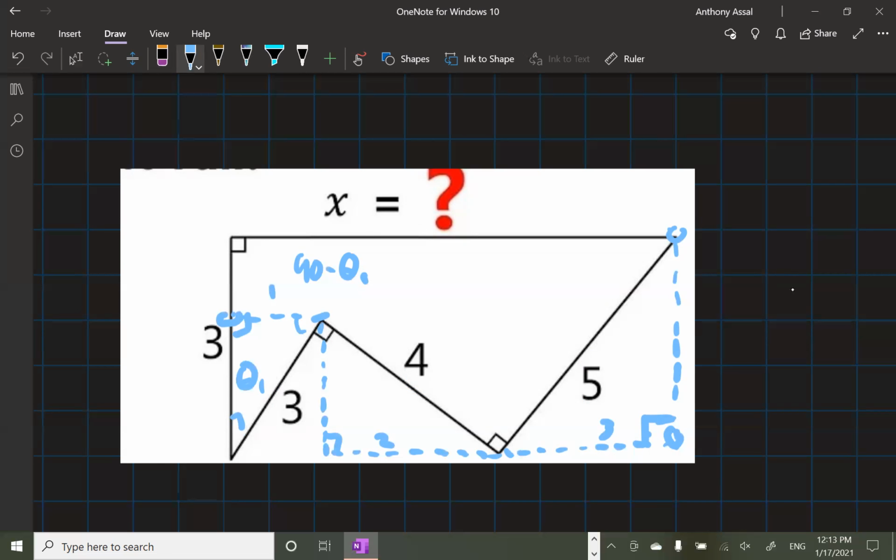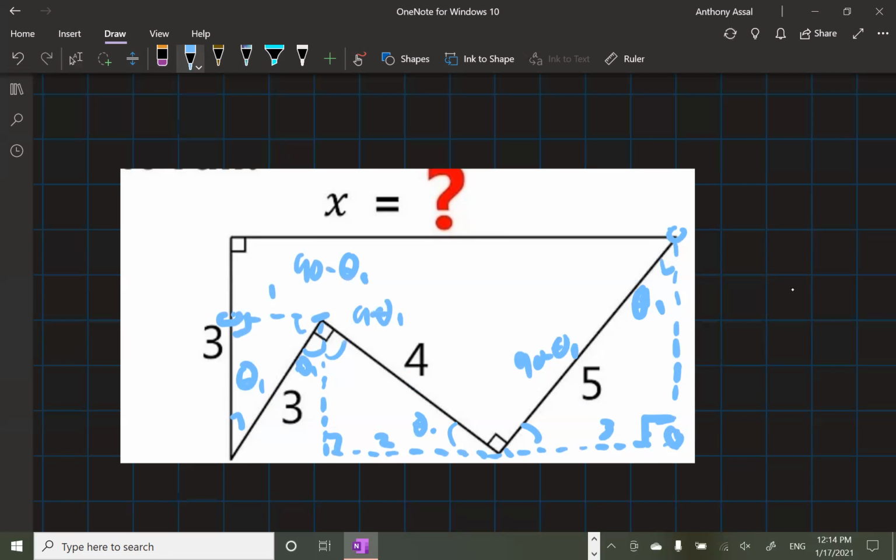Given that, this is angle 1, which makes this 90 minus angle 1, which makes this angle 1, which makes this 90 minus angle 1, which makes this angle 1. Okay, nice. Now there's no way for us to know what these angle 1s are, unfortunately.